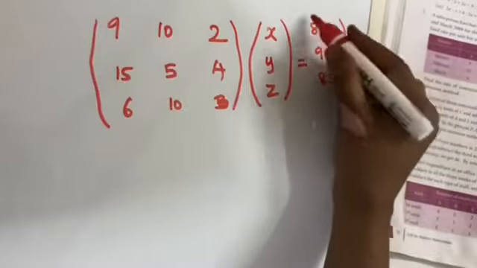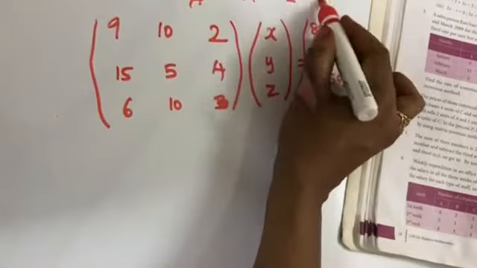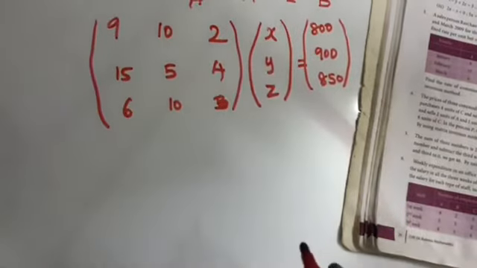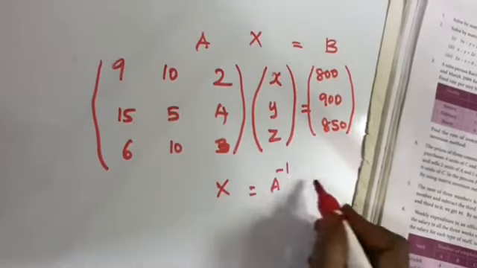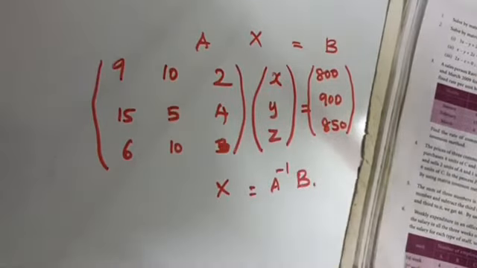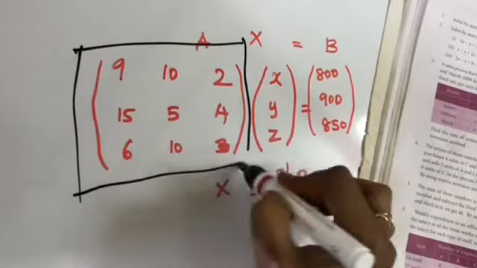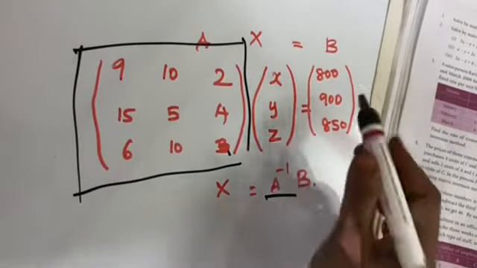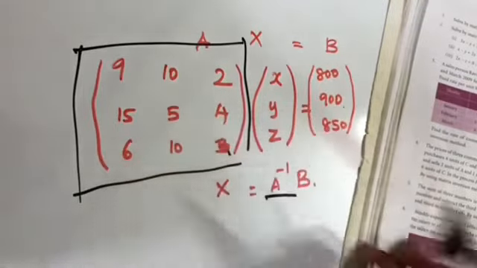Okay, so this is in the form AX is equal to B. So we have to find X is equal to A inverse of B. As in the previous problem, we can continue now. Take this matrix as A and find A inverse, then multiply it with B. You can find the values of X, Y and Z. Okay, can you understand now?